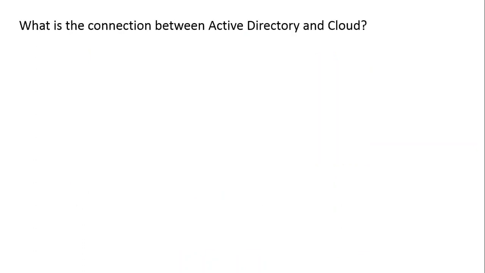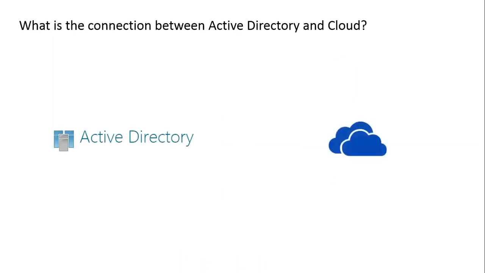So let's get back to the same point. What is the connection between Active Directory and cloud? So today you are talking to a customer and he starts asking, if I want to start taking one step into cloud, what should I do? This customer will have different applications in place in his data center or whatever he's using.